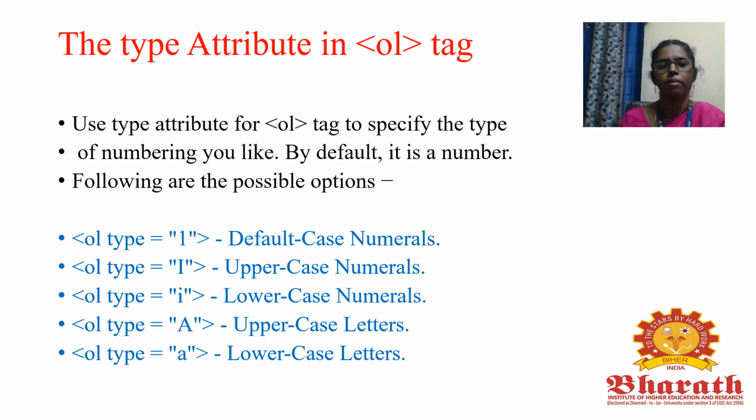By default the value is 1. So it may be a number or it may be a uppercase Roman letter or lowercase Roman letter, or it may be a alphabets in uppercase or alphabets in lowercase. So all these things can be specified using the type attribute in OL tag.